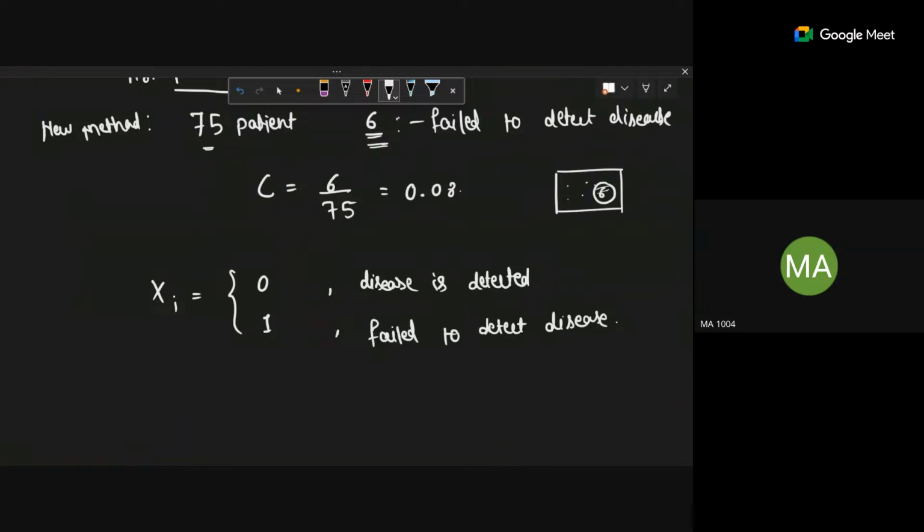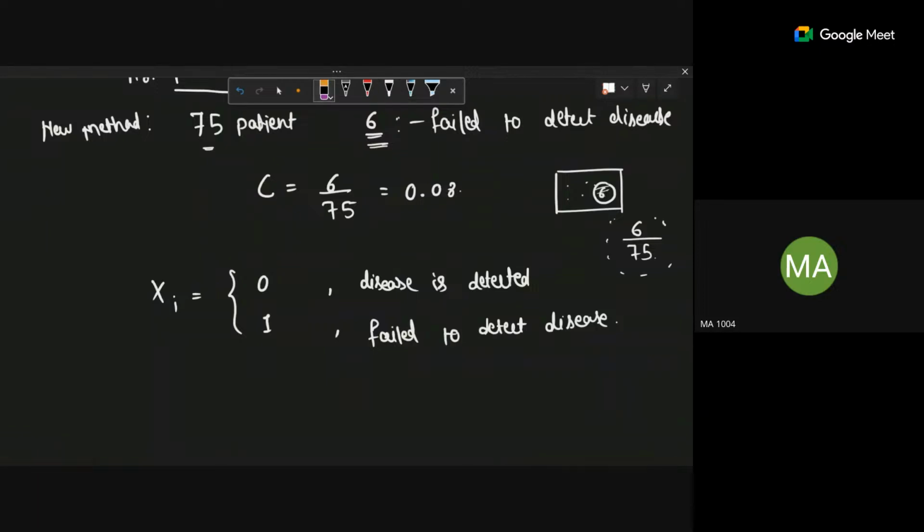So what is the probability that our instrument is failing to detect the disease? Yes, ma'am, the probability will be 6 upon 75, favorable outcomes upon total possibilities. That will be my probability.